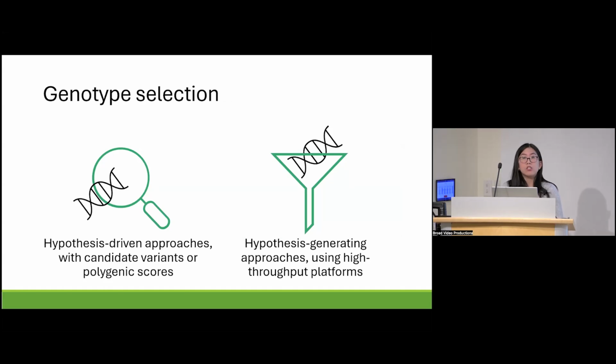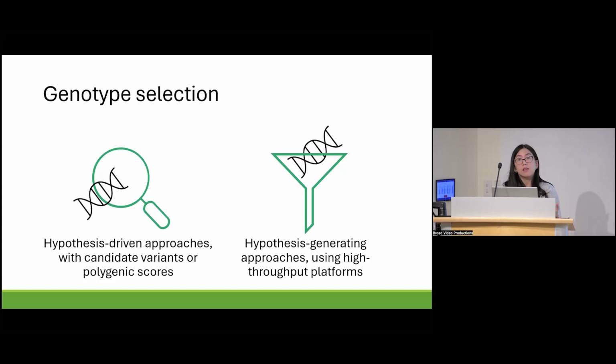In terms of genotype selection for these studies, the earlier studies were really hypothesis-driven approaches, meaning we're selecting candidate variants influencing differences in drug metabolizing enzymes or drug transporters, and then associating that with a response to medication.